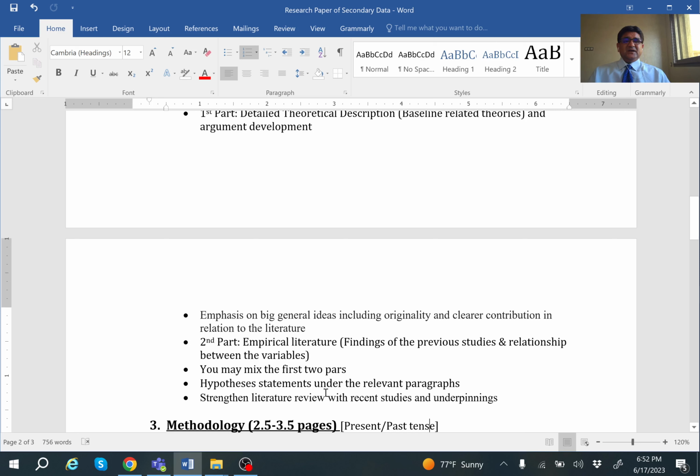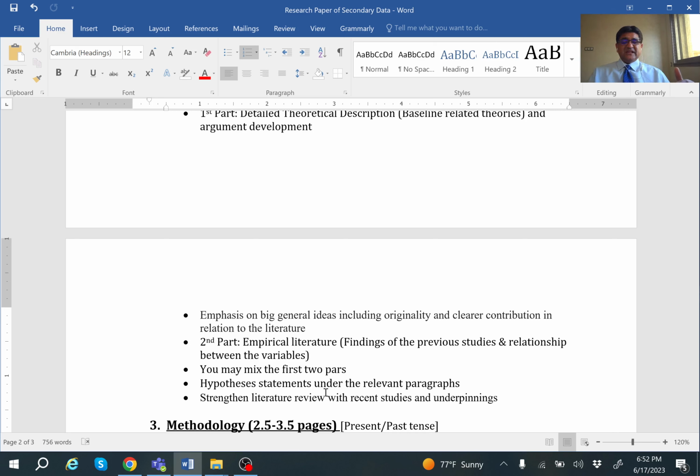For example, take one of my students whose thesis I recently supervised, on the impact of air quality on earnings management, with a few control variables. Once she converts her thesis into a paper, she will have the previous studies that investigated the relationship between air quality and earnings management.